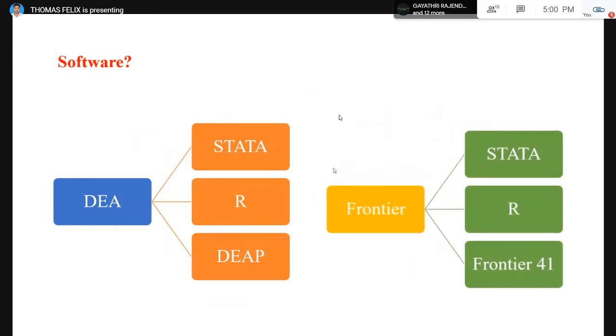Frontier also can be derived from Stata or Frontier 4.1. The Frontier software is also released by Queensland University. So with that we can use any software. Our topic is Frontier on Stata.